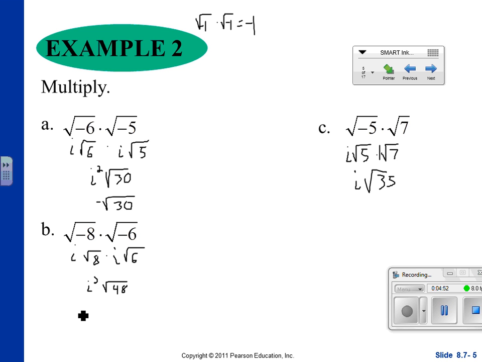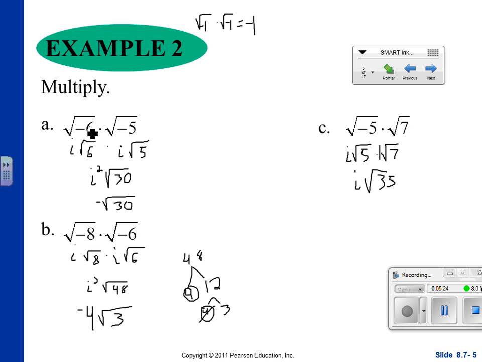I squared, we know, just makes it a negative. 48, if you do a factor tree, breaks up into 4 and 12. I'm going to go ahead and break up 12 into 4 and 3. Then I can see I have a pair. We have 2 4s. Circle, circle, kill. 4 goes on the outside with the negative. 3 stays on the inside with the root.